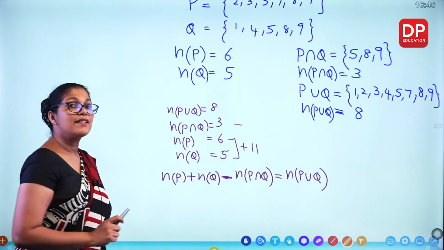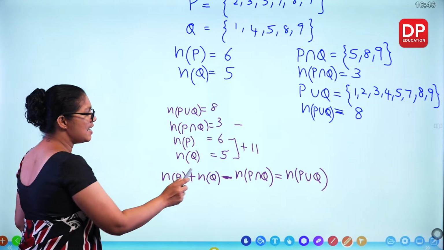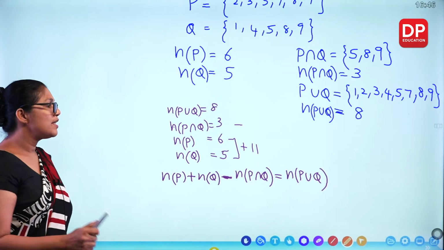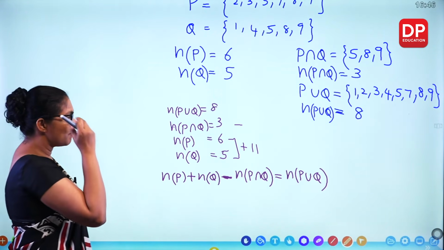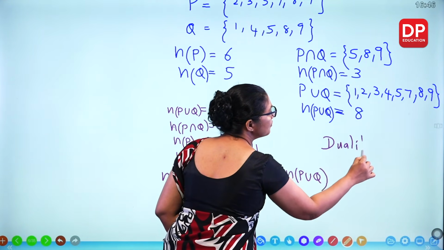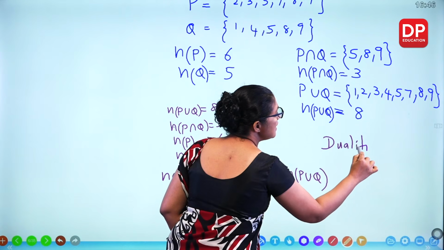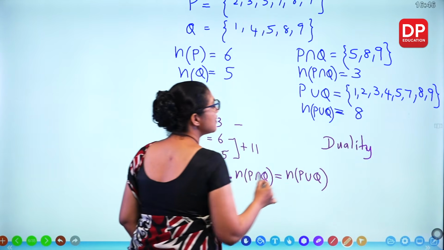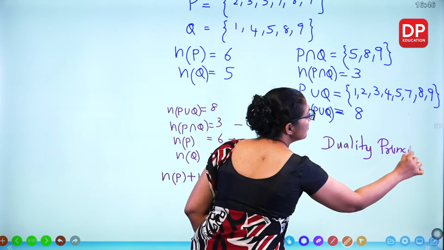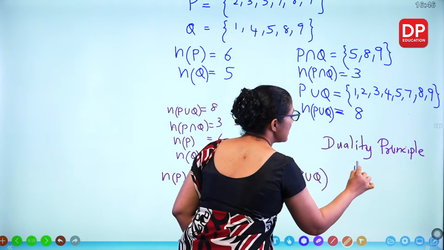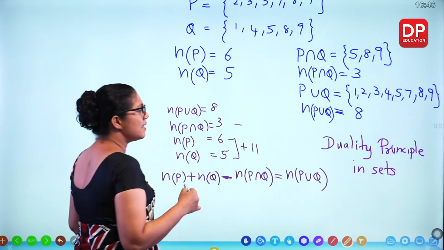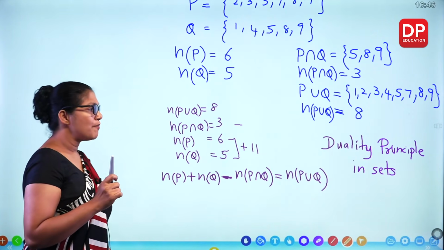So we did that in grade 10. What's the theorem we did? We can interchange intersection to union as well as union to intersection. We call that duality principle in sets. So duality principle under De Morgan's theorem, we did that.